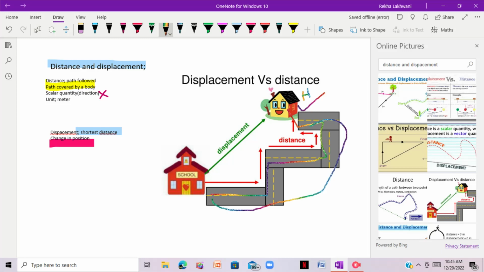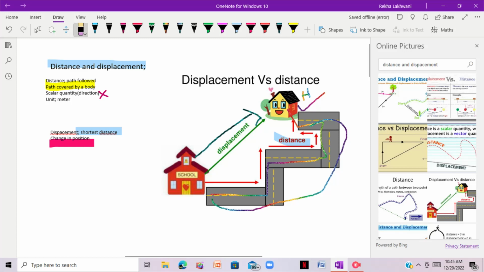Now, one thing to remember is that distance can never be zero. If I'm going from here, here, and here, obviously I cover some distance.